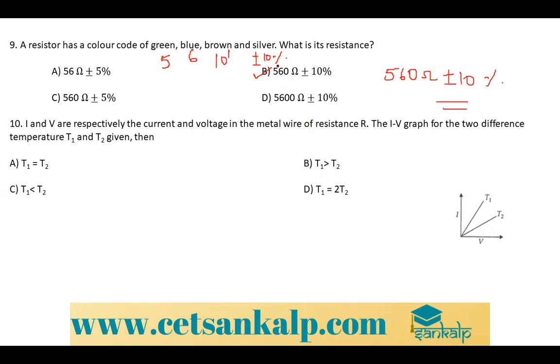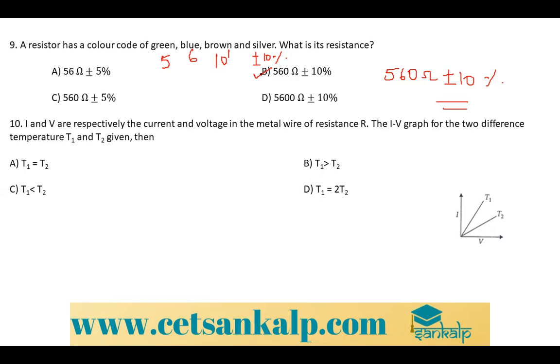Okay. All right. The next, they're given I and V. I and V are respectively the current and voltage in the metal wire of resistance R. The IV graph is for two different temperatures T1 and T2.